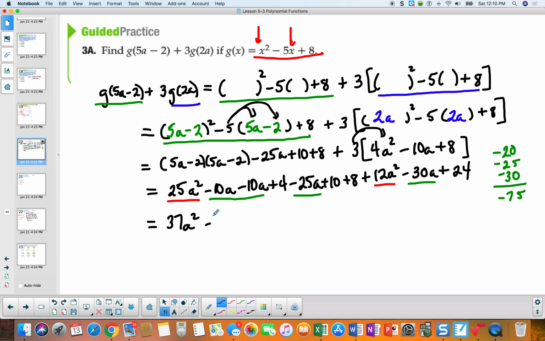So this is negative 75a. Now I'm going to collect all of the numbers, and that'll be here, and here, and here, and here. And these numbers all appear to be positive. So this is going to be 14, 14, and 8 make 22. And then I have a 24. So this is going to be plus 46. So now we have found the value of this expression.